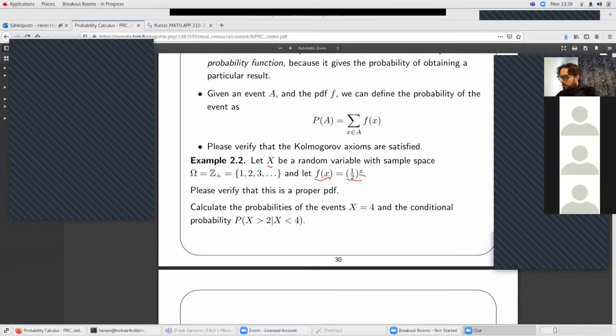So the probability of X equal to 3 is just 1/2 to the power of 3, that's 1/8, divided by, well, there are 3 cases of X smaller than 4: 1, 2, and 3.